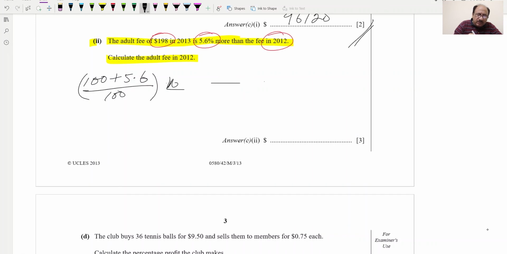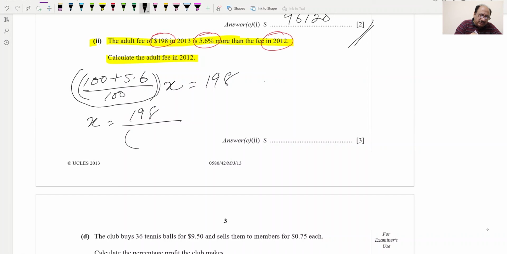So x was the amount in 2012, and it is now $198 after the increment. Now we can find x, the adult fee in 2012. So x will be equal to 198 divided by this portion, which we send to the other side of the equality, (100 plus 5.6) divided by 100.